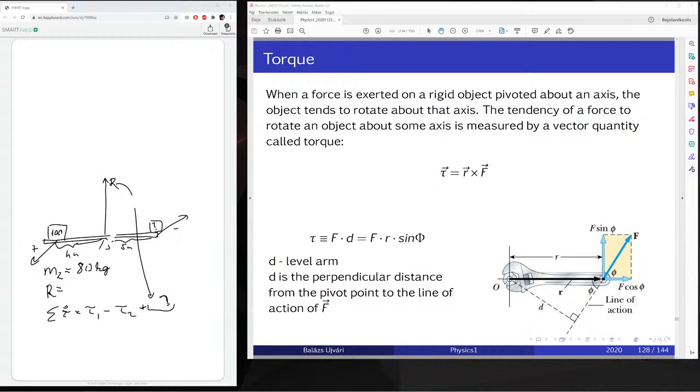What does it mean? That means the lever arm is zero. So therefore, the torque from this reaction force is always zero, so we can forget it.